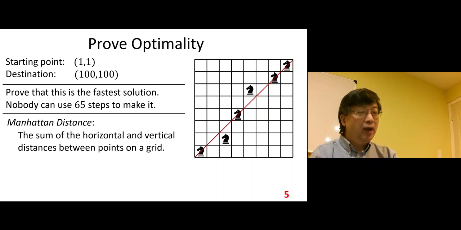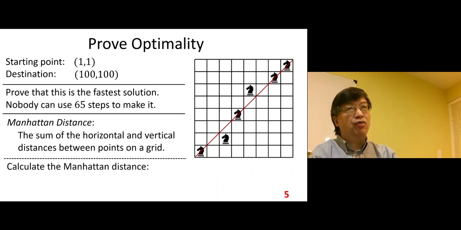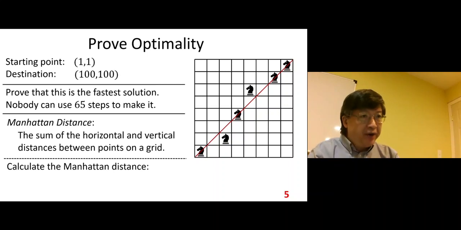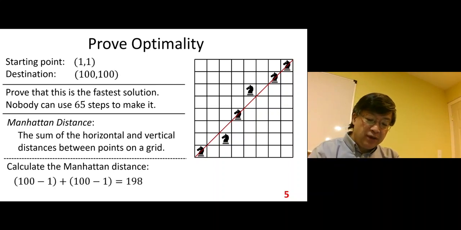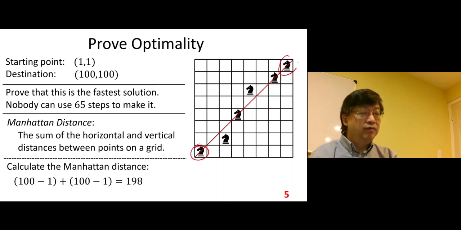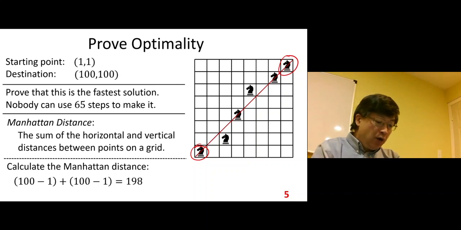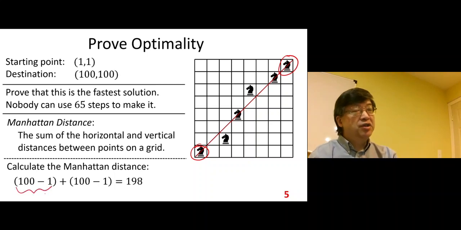Now, we use this as our analysis tool. Let us calculate the Manhattan distance between those two knights for the 100 by 100 chessboard. Horizontally, the distance is 99, right?